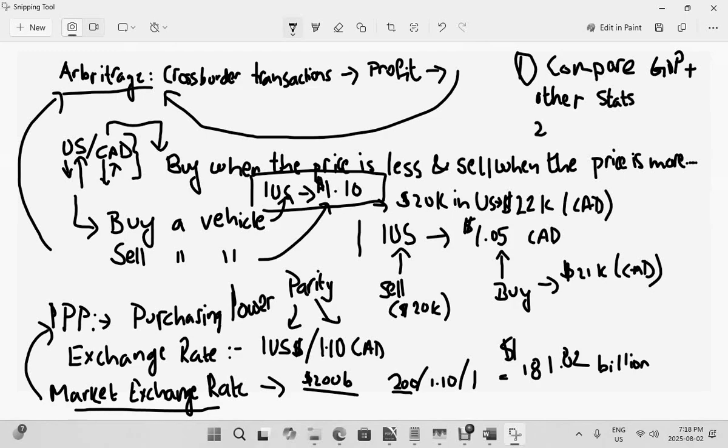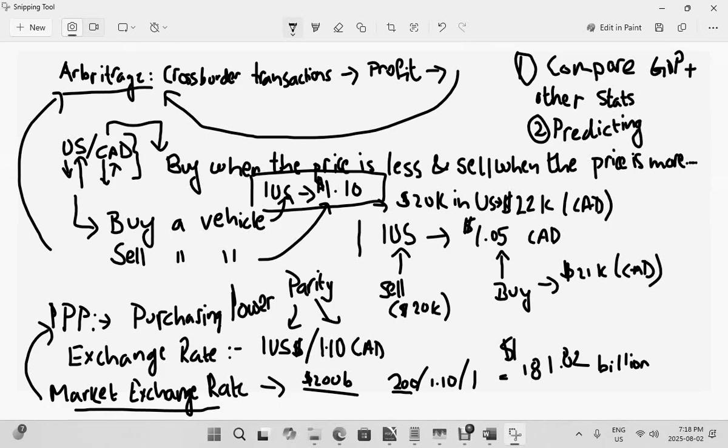And number two has to do with predicting the behavior of the market exchange rate. It could be for the sake of investment, it could be for the sake of purchase.